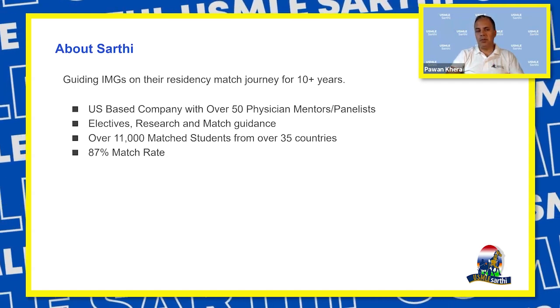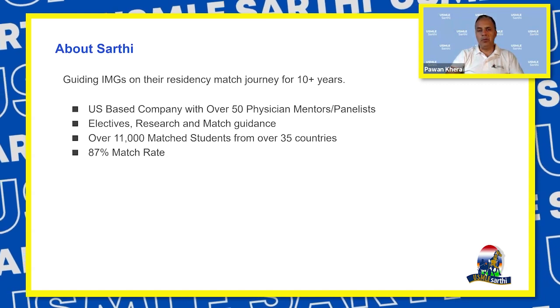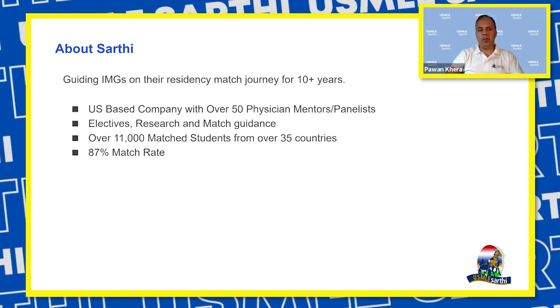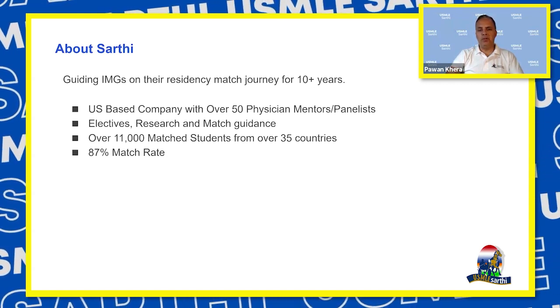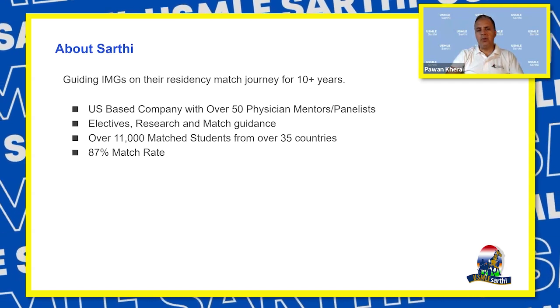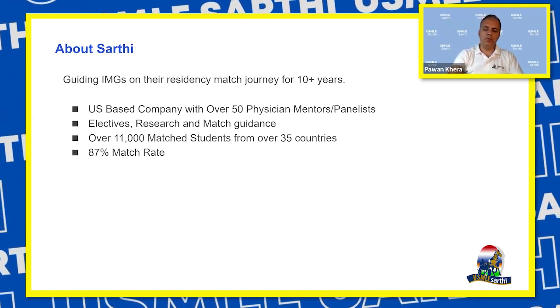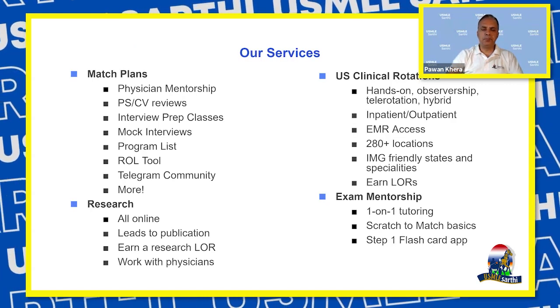Of course, we also have our team in India that helps all the students. We help with electives, or your hands-on experiences, externships, research, and match guidance. Over the last 10 years, all put together, we have helped about 11,000 students from 35 countries, with a match rate of about 87%.